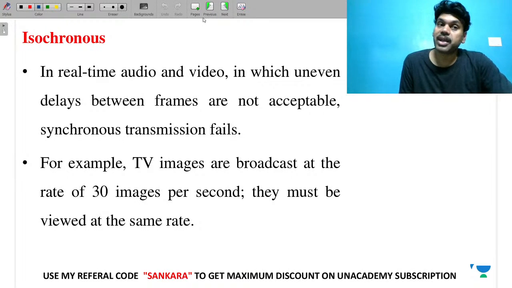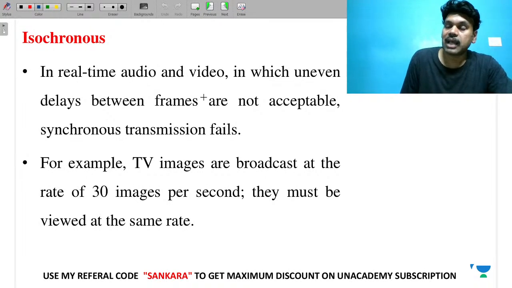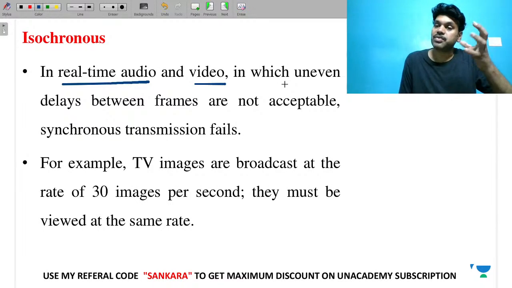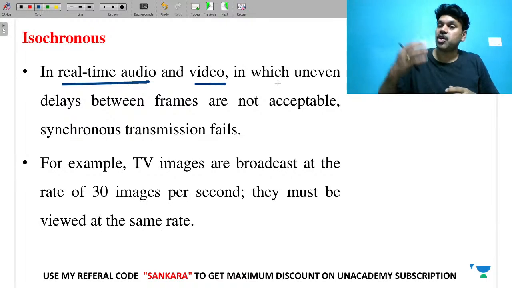Now the last variety is isochronous. What is that? In real time, whenever you see your mobile, it is one of the real-time applications of this. We see real-time audio and video, in which you are going to see odd delays. What do odd delays mean? First one object will come, followed by another object.